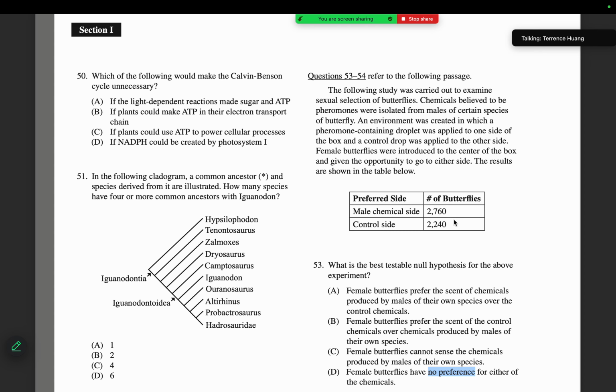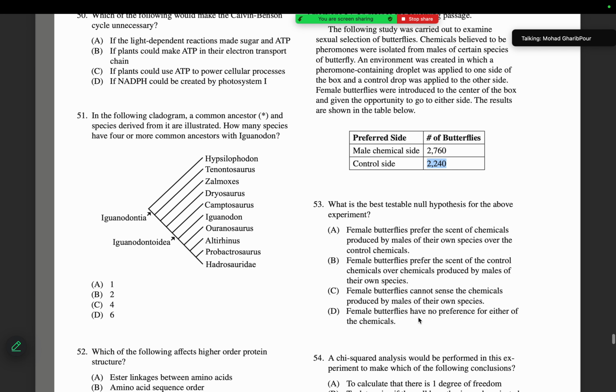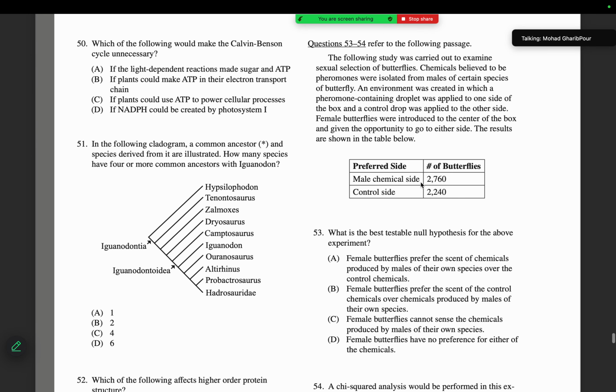So, okay, the null hypothesis does not come from experimental results. It comes before you even do the experiment. Okay? And the null is supposed to say that there is no preference or there is no difference, there is no change as a result of these experimental variables.